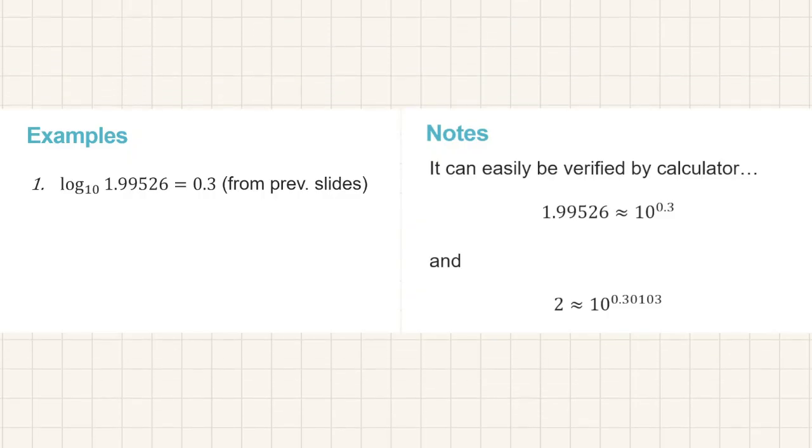The answer of a logarithm is just the exponent. The answer of a logarithm is just the exponent, okay? This is a hard topic to explain, but you can see it when we have our second example.